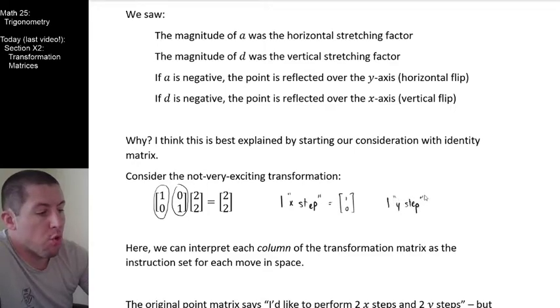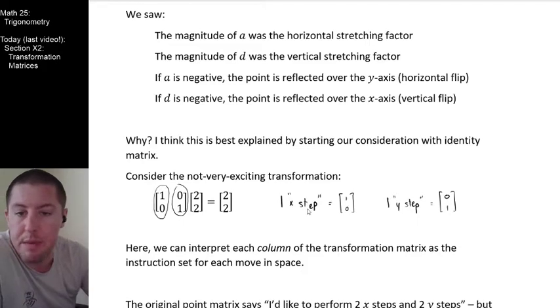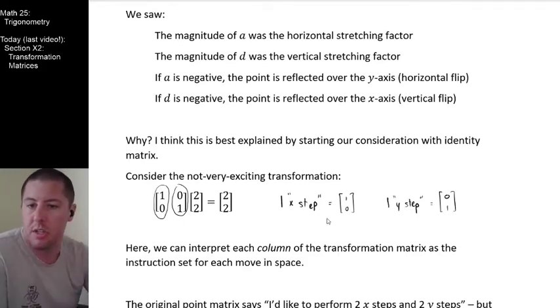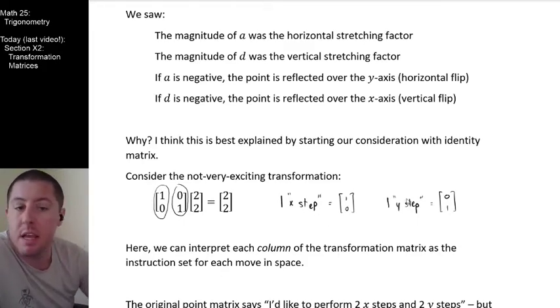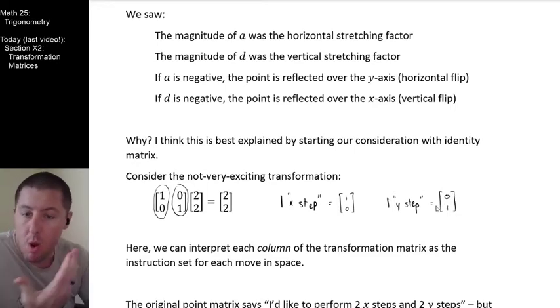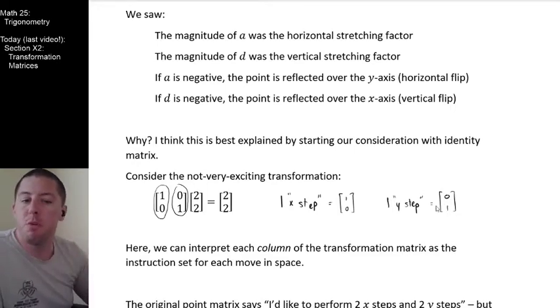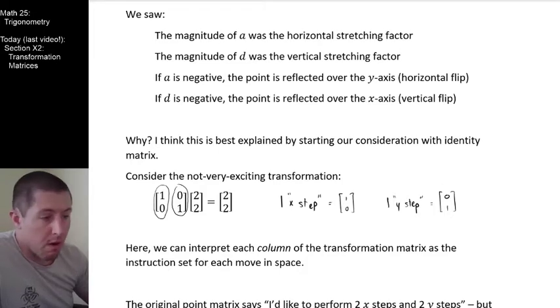When we normally think about one x step in space, your x coordinate should get bigger by 1 and your y coordinate doesn't change. That would be one x step based on your traditional sense of movement in the plane. Very similarly, if I said you take one positive y step, then you shouldn't move your x coordinate at all. That's 0. But you should increase your y value by 1, right? That's exactly how we think about movement in the space.